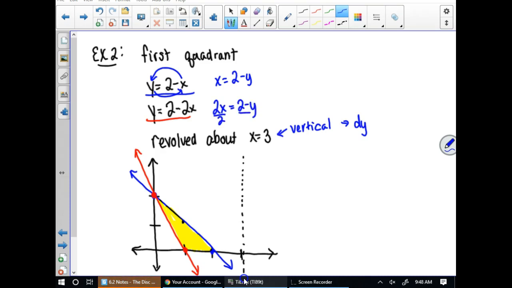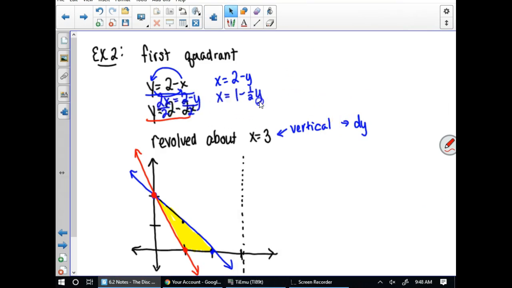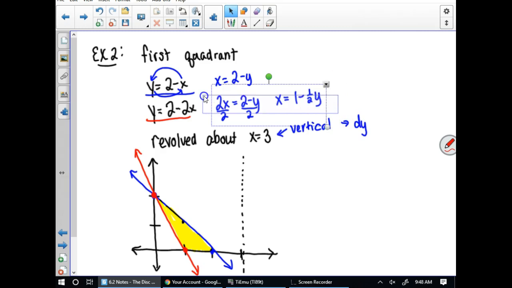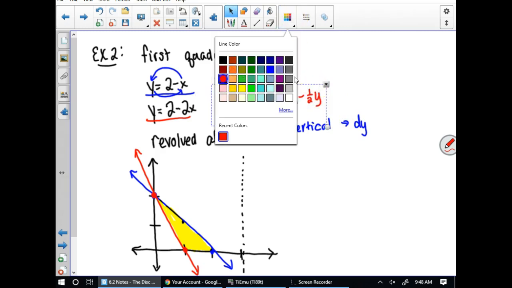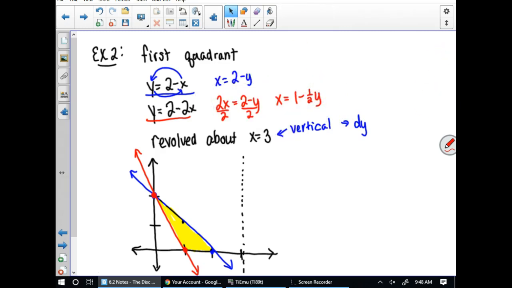Then you're going to have to divide by 2, so x equals 1 minus 1/2 y. I'm going to make that red. So this red line right here is 1 minus 1/2 y. The blue line is 2 minus y.